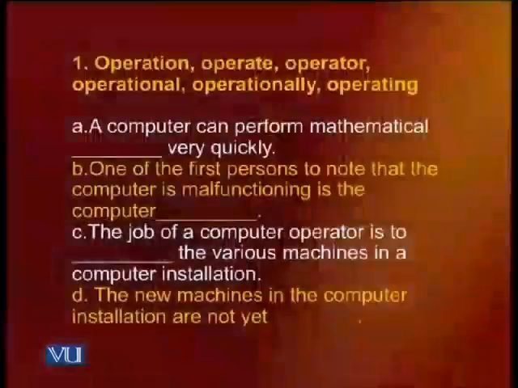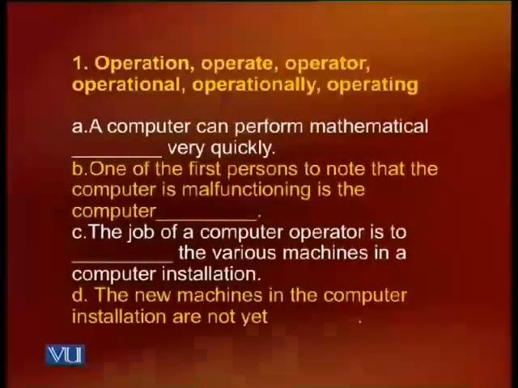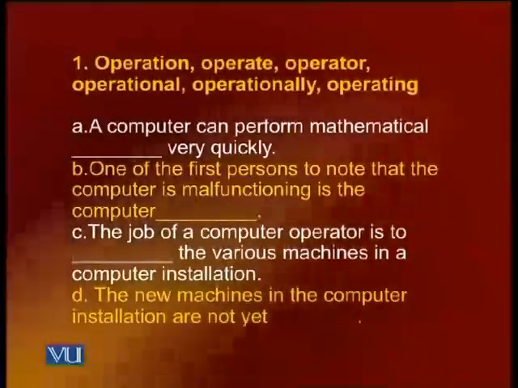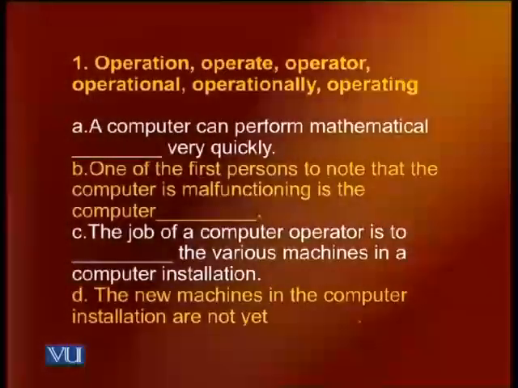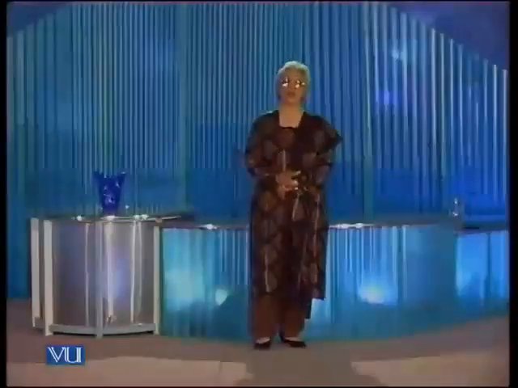The next sentence. The job of a computer operator is to something the various machines in a computer installation. So what does the computer operator do? The job of a computer operator is to operate the various machines.